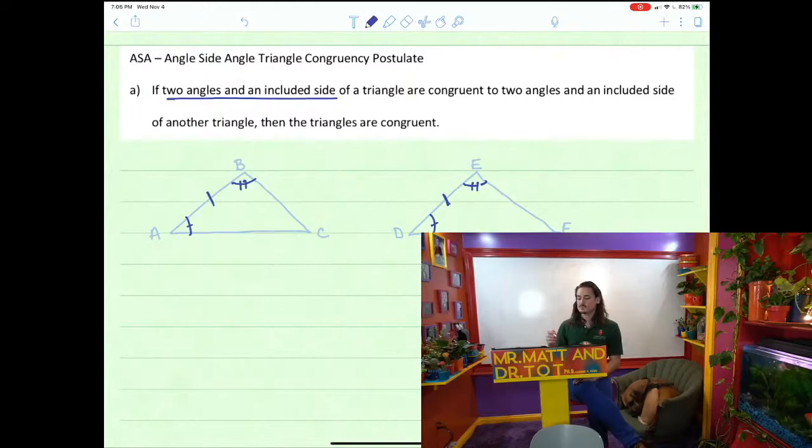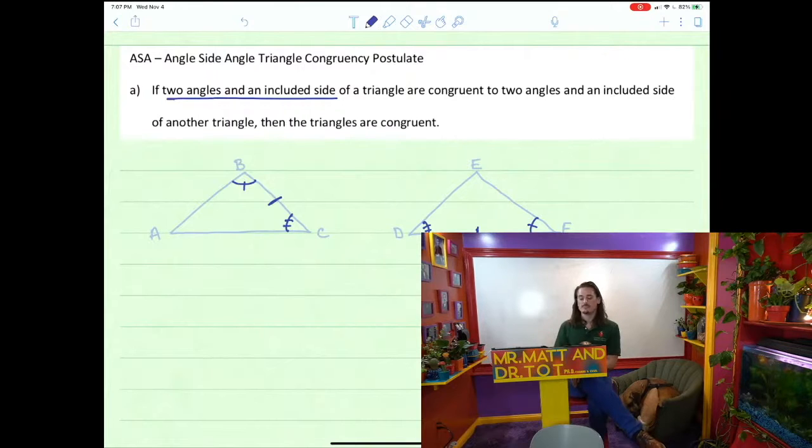Now, it doesn't have to be from the left and working right. It can be any combination, just so long as they're in the right order. So for example, if B is congruent to F and side length BC is congruent to side length FD and angle C is congruent to angle D, it doesn't matter that they're in different positions or they're just rotated.